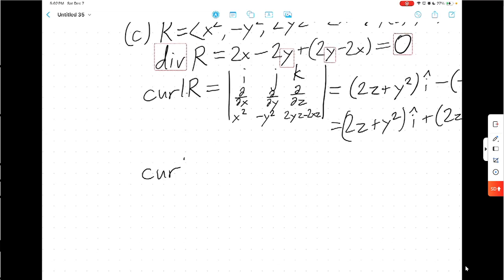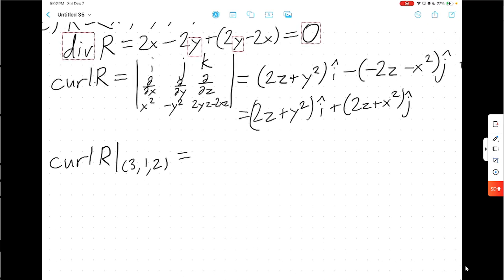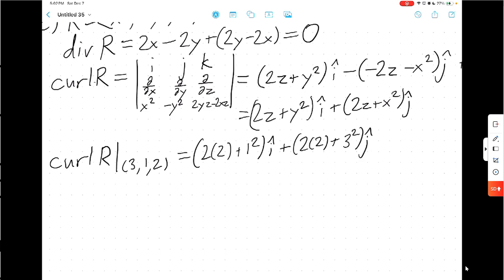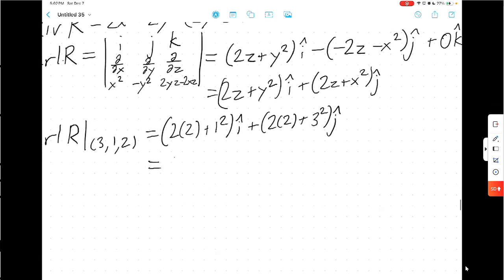And now we get to use the point. 2 times 2 plus 1 squared i plus 2 times 2 plus 3 squared j, to 5i plus 13.